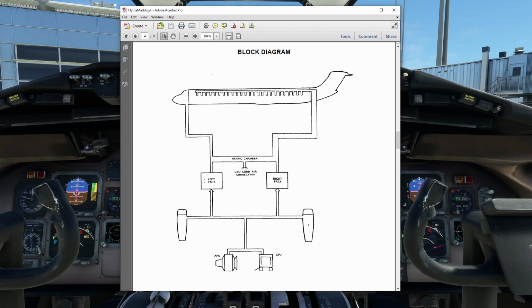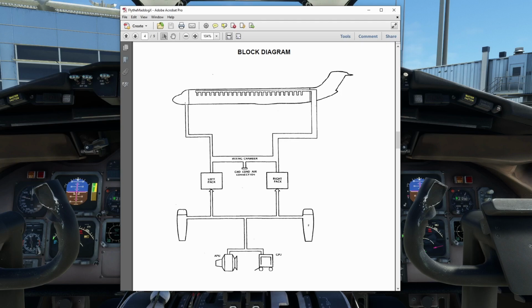So it comes in here after the packs and goes in the mixing chamber. So the packs do not have to be on when you're connected to ground air. It's just running preconditioned air into the system and putting it into the outflow valves. When you're running normally, though, the packs are then feeding those same valves.